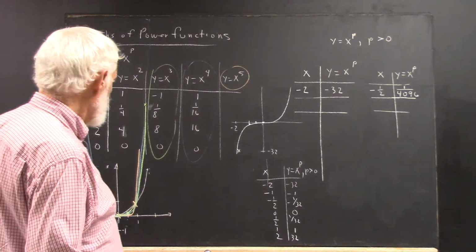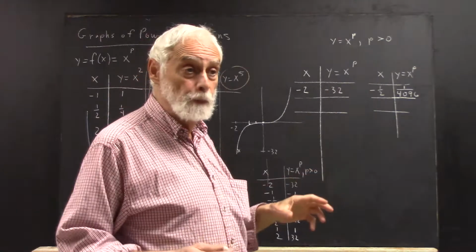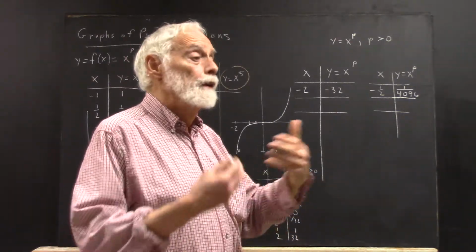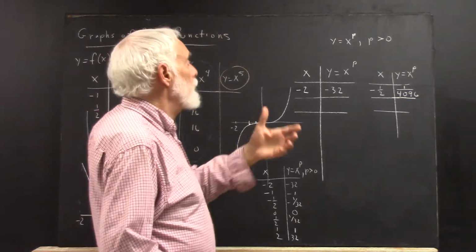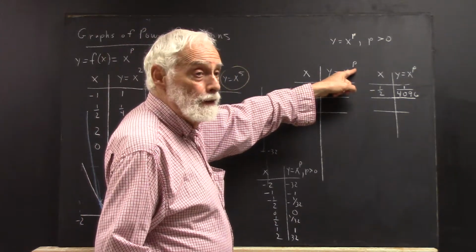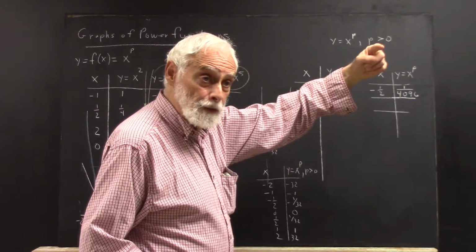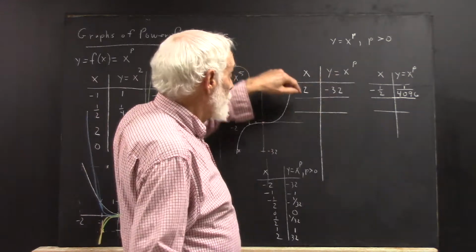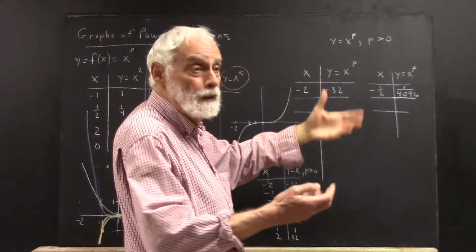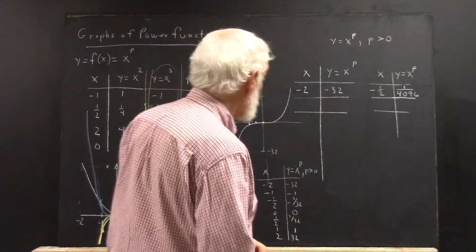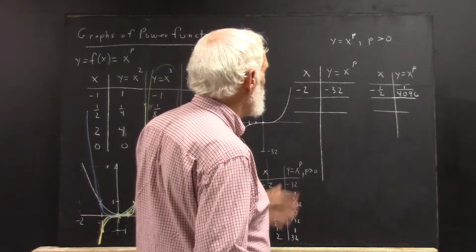Well, we haven't really done it, but you should understand from what you know about the x squared and x cubed function, in addition to the reciprocal function, reciprocal square function, that when the power is even, then all values are positive. If the power is odd, then when the x values are negative, the y values are negative. And that just goes down to the rules for multiplying negative numbers. Okay, so we can conclude that all the y values are negative.